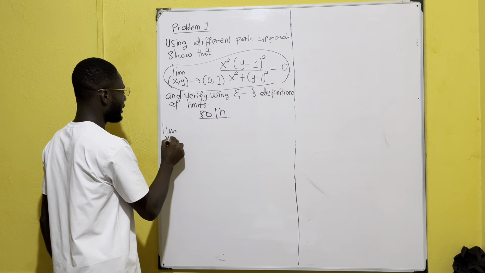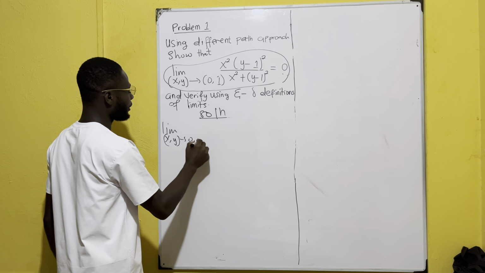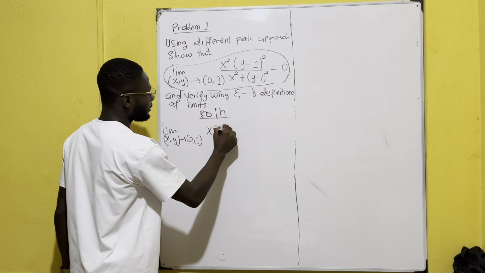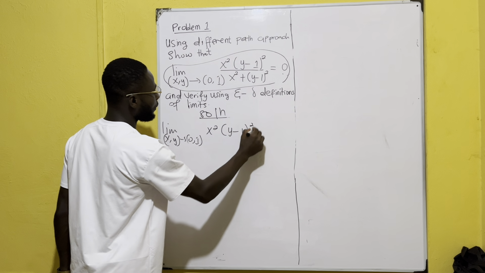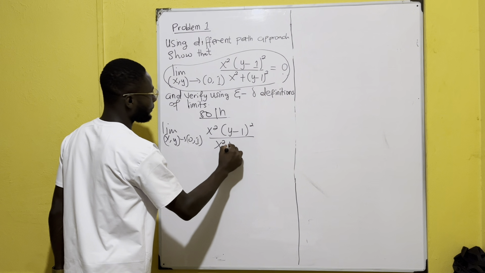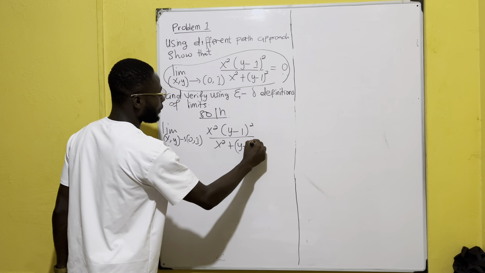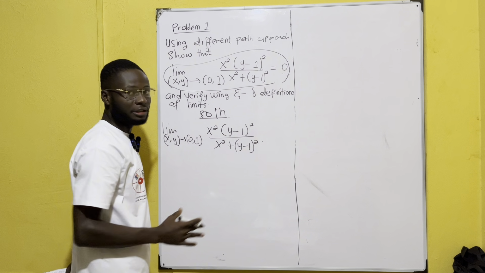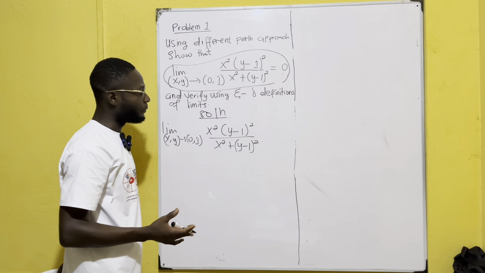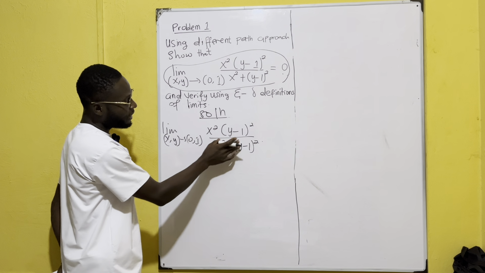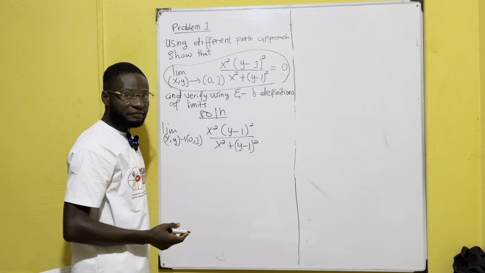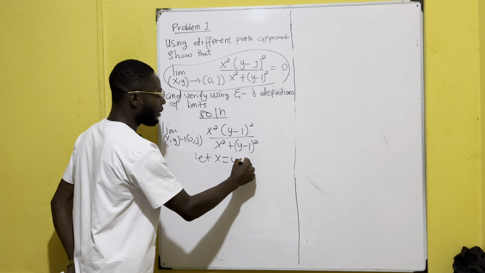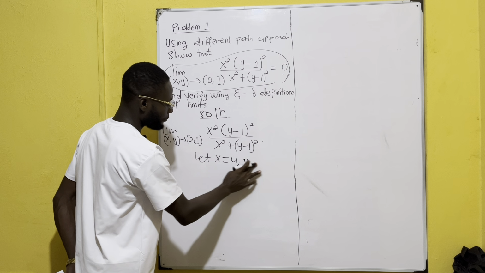Limit as x, y approaches 0 and 1 of x squared times y minus 1 all squared, over x squared plus y minus 1 all squared. Remember, when we're using the different part approach, we try to represent x and y by u and v. As usual, we know that our x is u, our y is v.